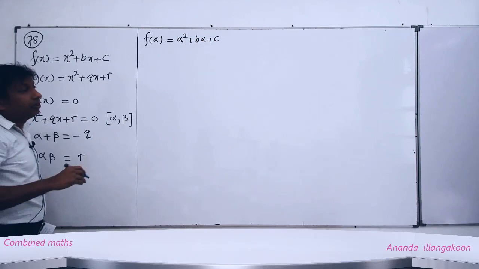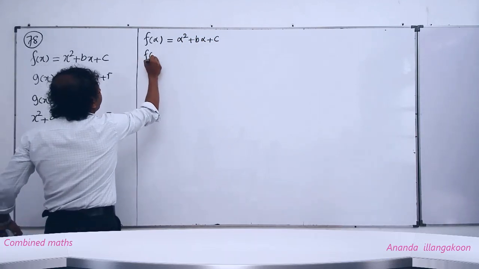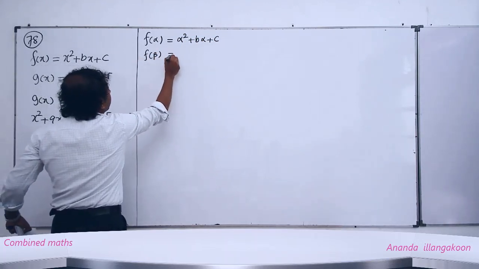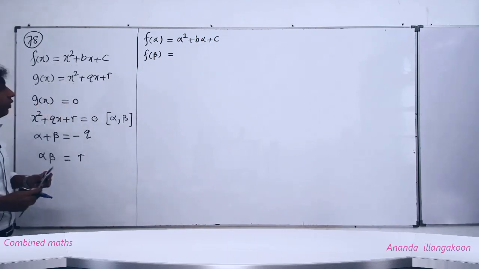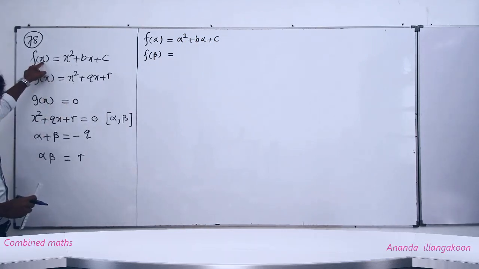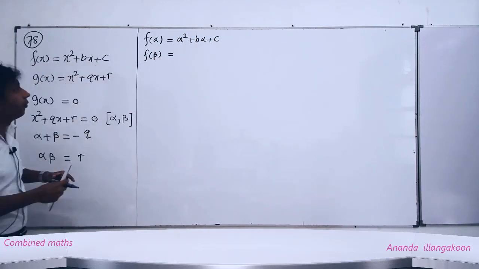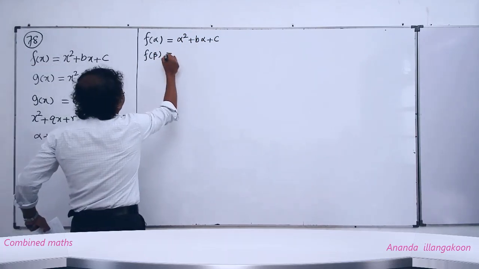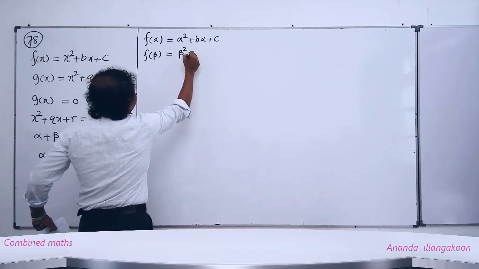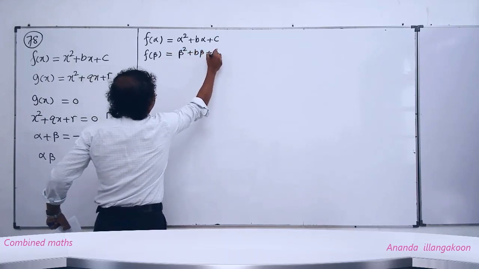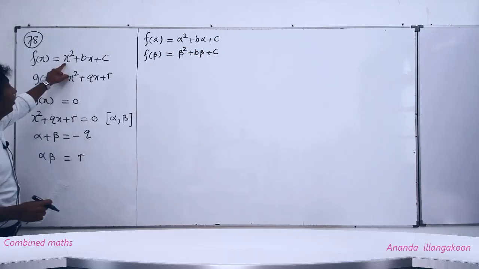If we substitute beta for x, then we get beta squared plus b beta plus c. For every x, we have to put beta.